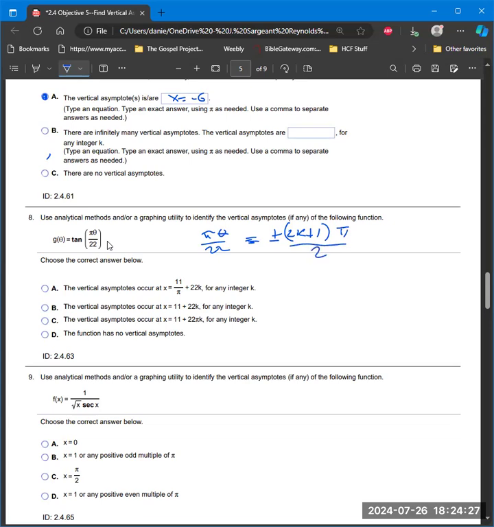So the theta is going to be equal to plus or minus 2k plus 1 pi over 2 times 22 over pi.